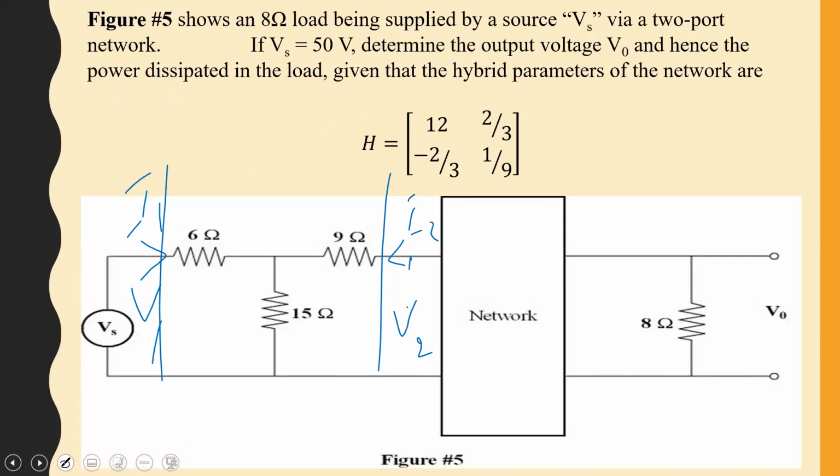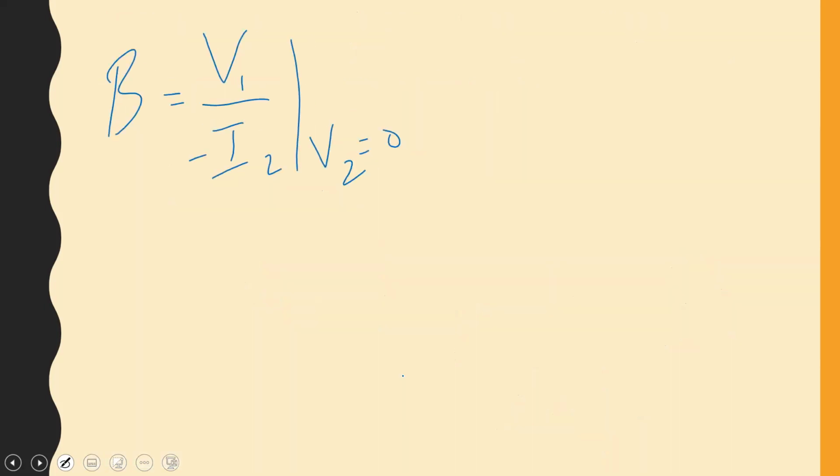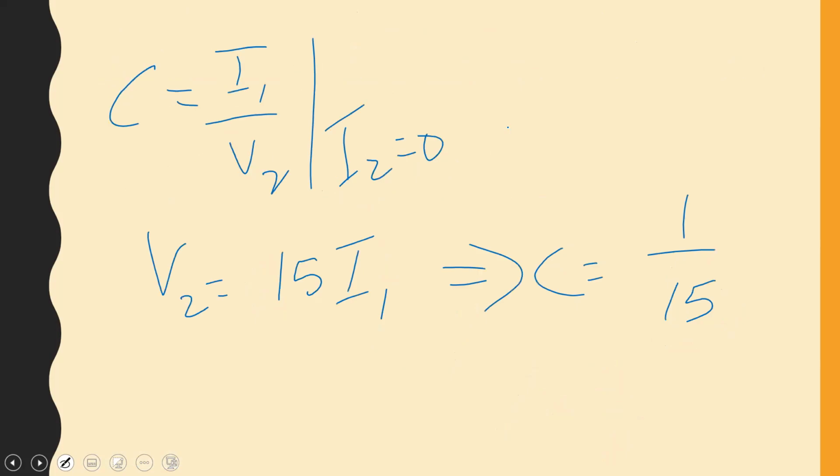What we're saying is that you have a short circuit there, okay? And we want V1 over minus I2. So we have the 6, sorry, it's 9.